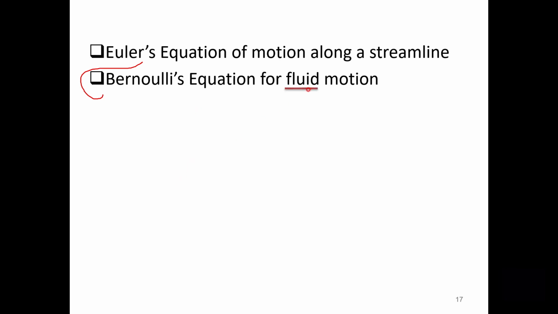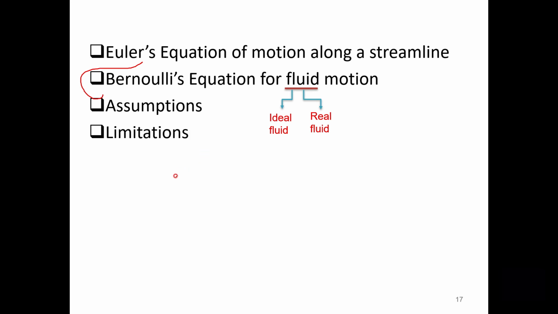Bernoulli applied the equation first for an ideal fluid, and second for a real fluid. The ideal fluid is one which doesn't have any viscosity, and the real fluid is one which has viscosity. For both fluids, how the equation changes, we'll study about this. And what are the assumptions made for deriving Bernoulli's equation, and what are the limitations of this equation, we'll study in detail in the next session.